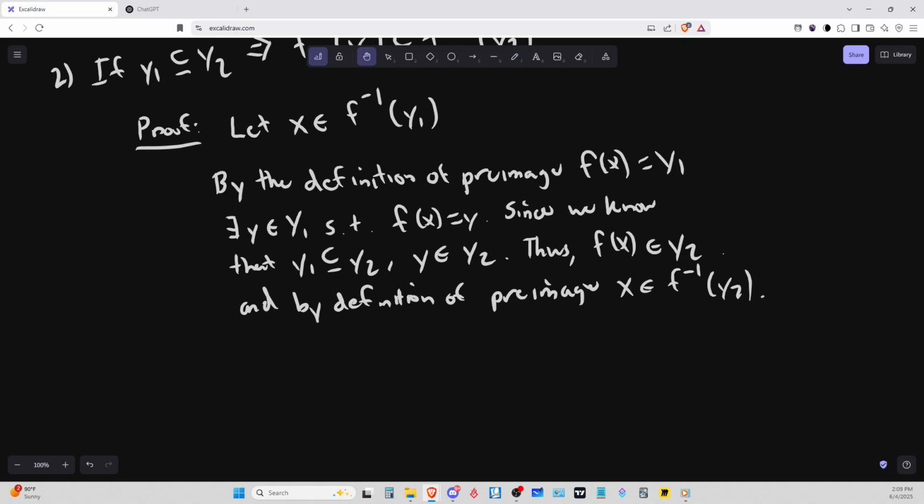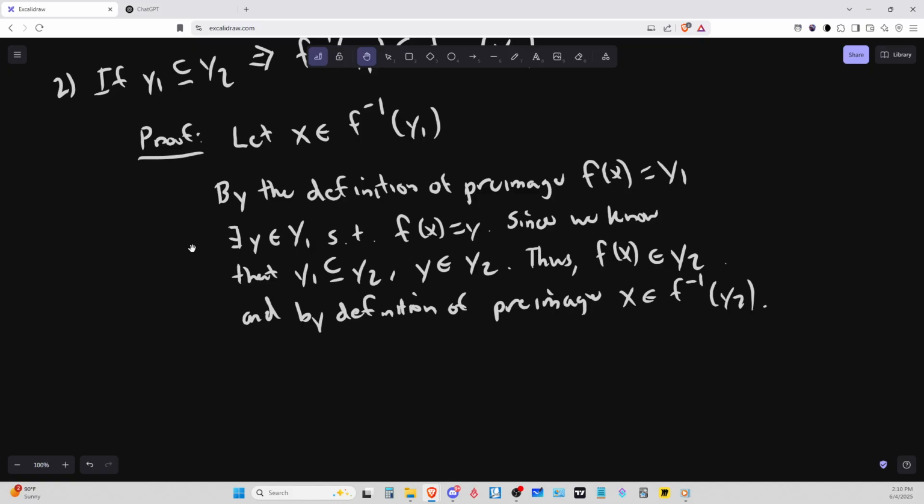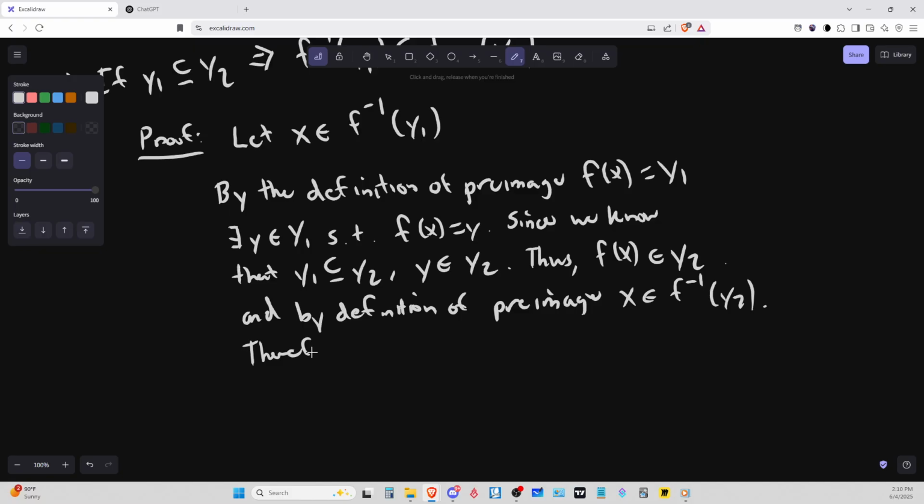Let's drag this down. Therefore, the pre-image of y1 is a subset of the pre-image of y2.